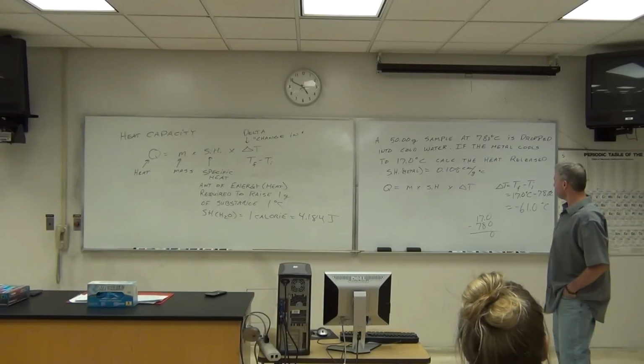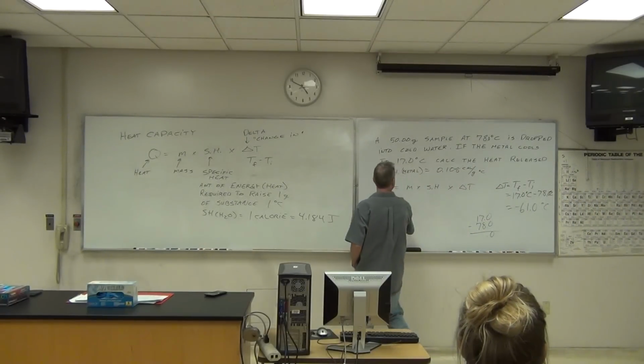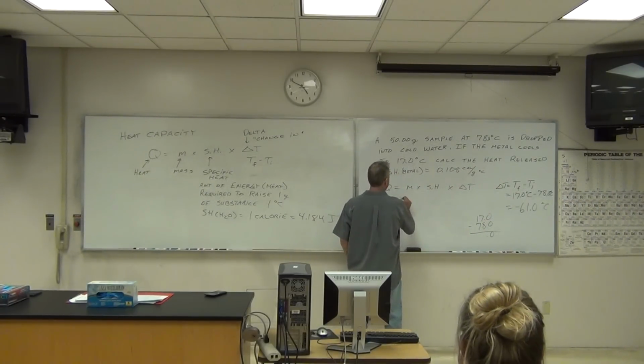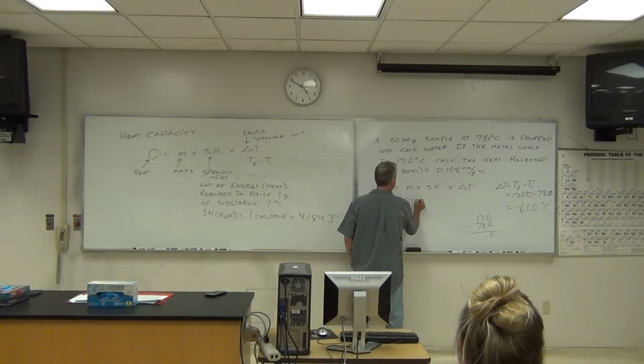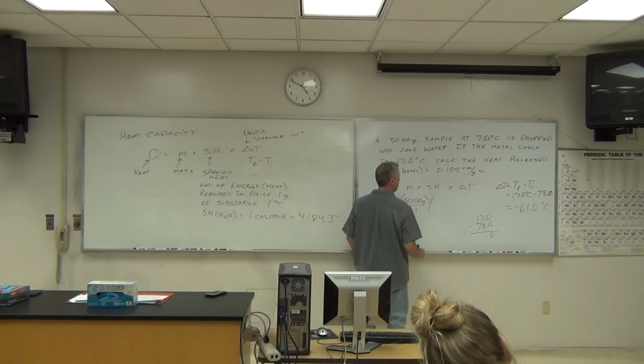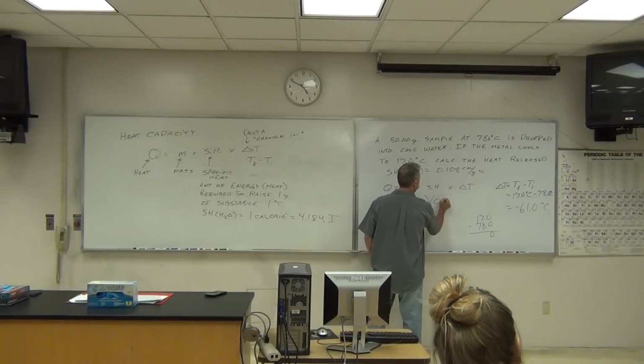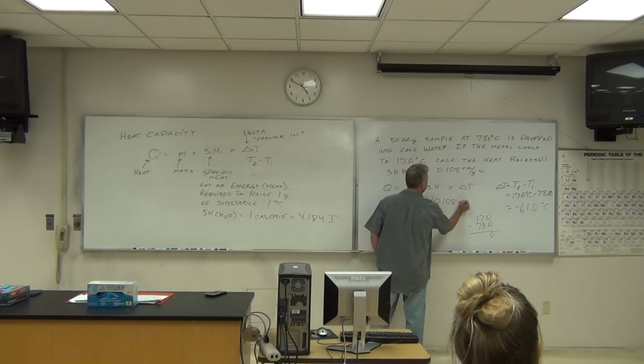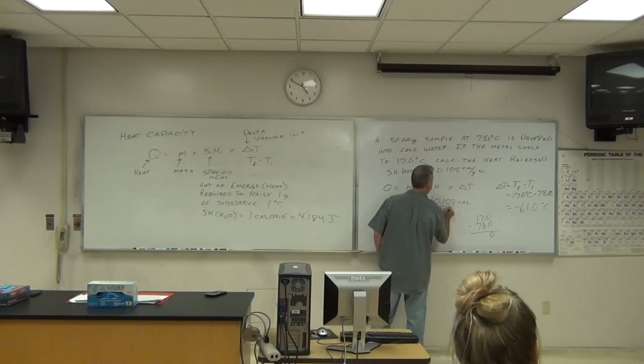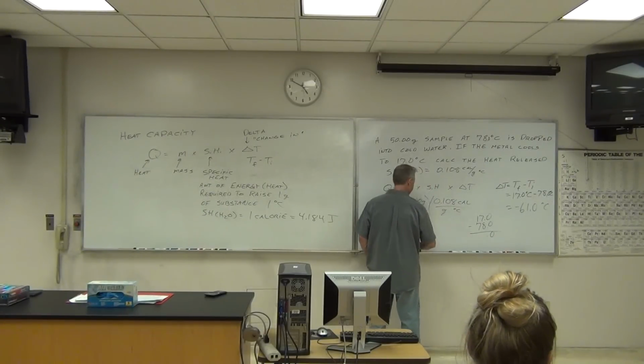So now our mass is 50.00 grams. I'm going to put that over 1 so I can show you how the units all cancel. This is 0.108 calories per gram degrees Celsius.